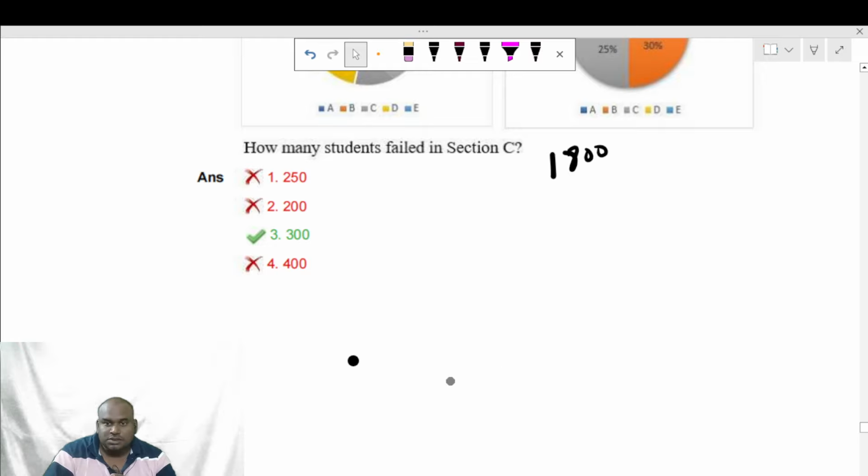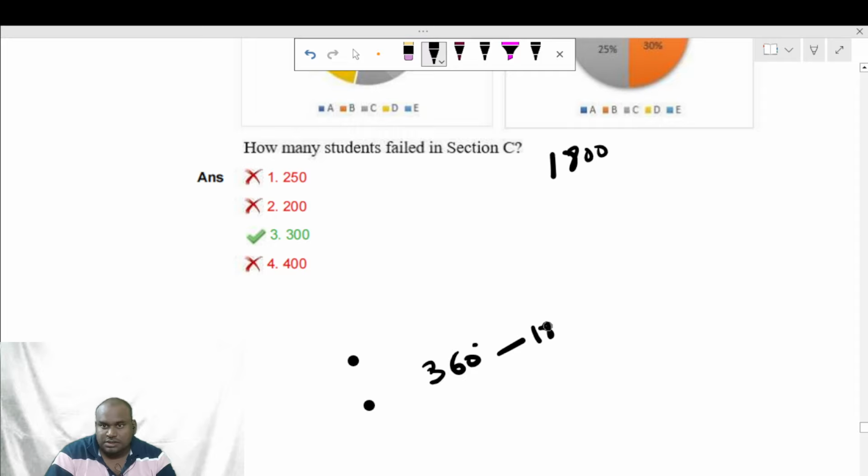So 360 degrees will be responsible for 1800 students. Then 100 degrees.